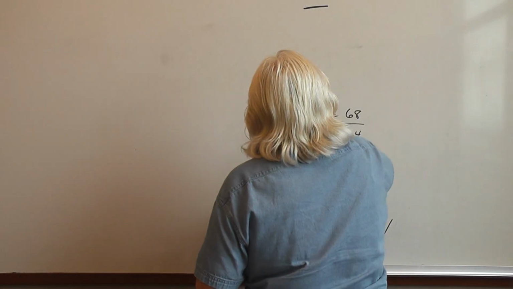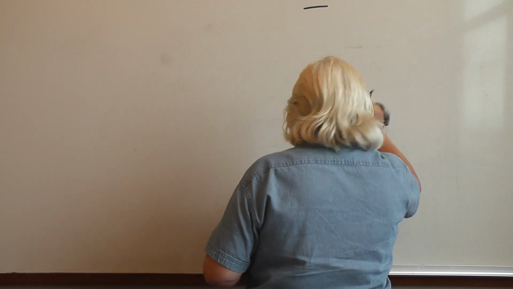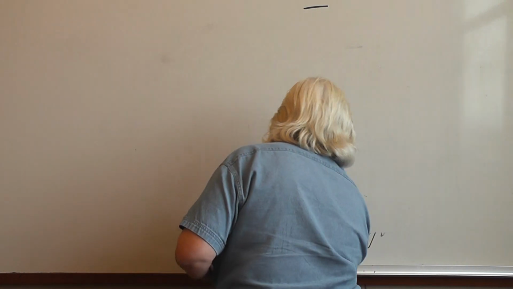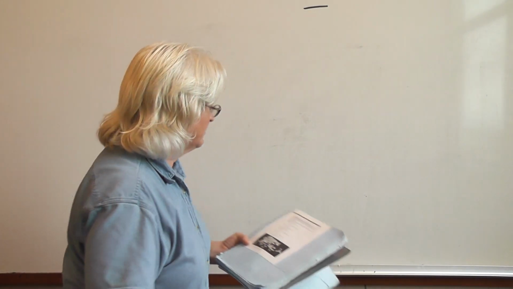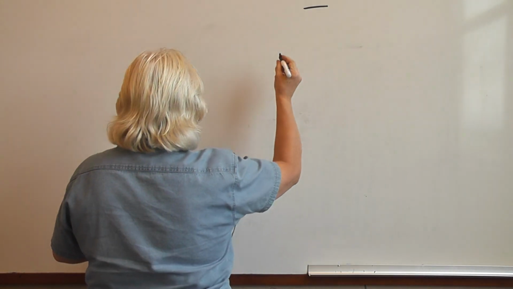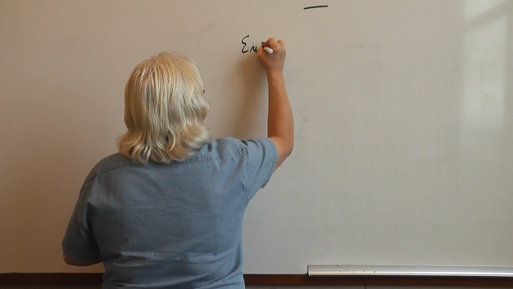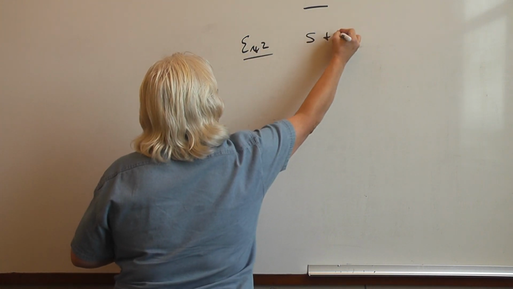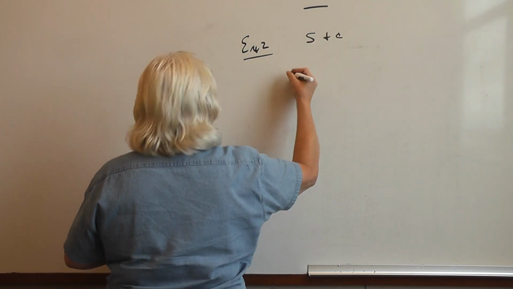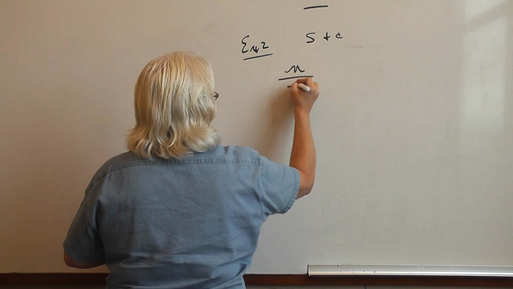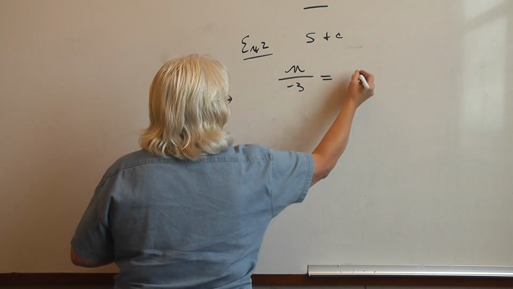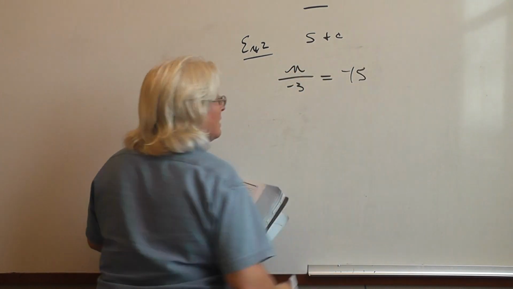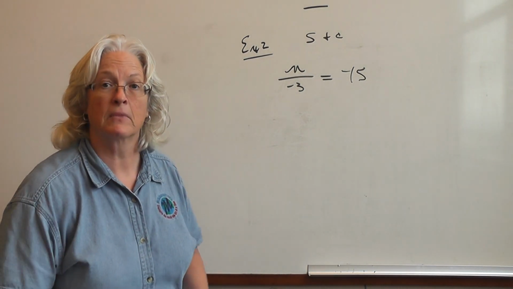And we're going to find that one on page 131. Example 2 says, solve and check. N divided by a negative 3 is equal to a negative 15.